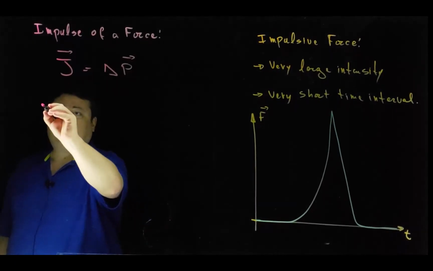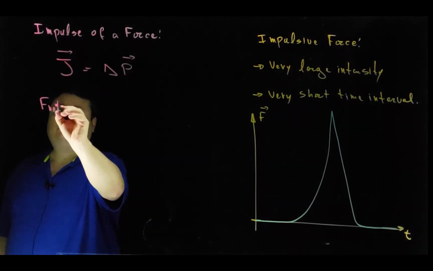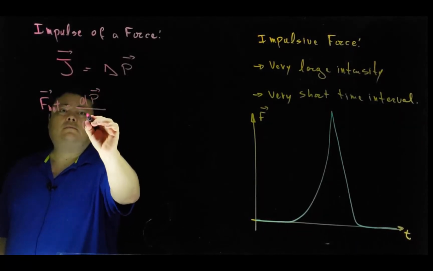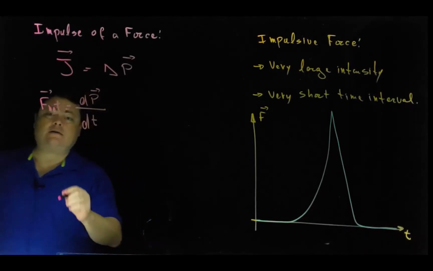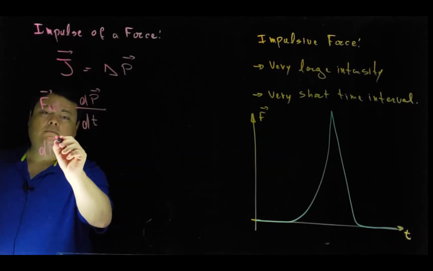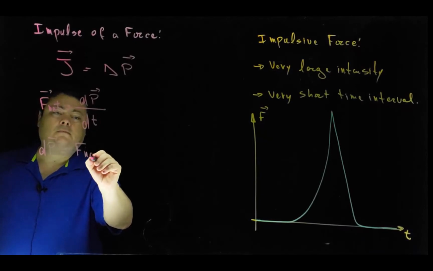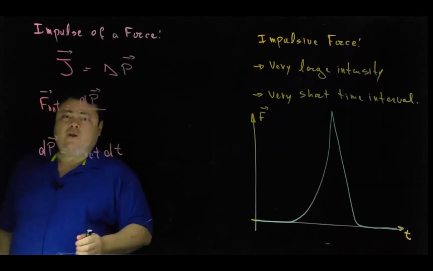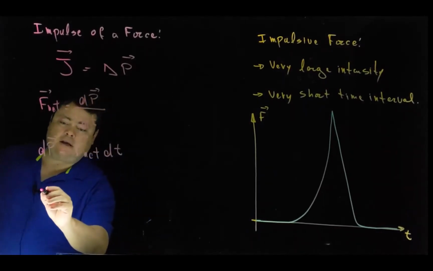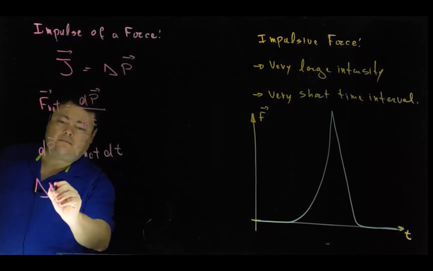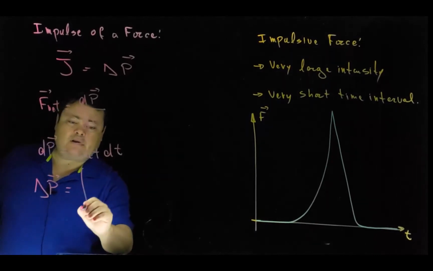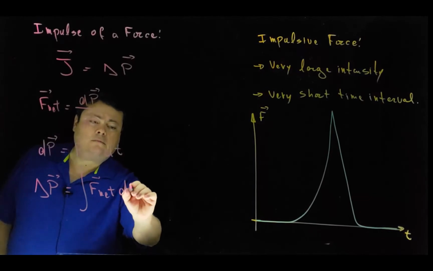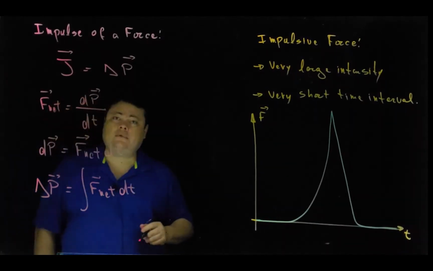If you remember Newton's second law, which I can rewrite this way. If now I take the integral on both sides, we're going to get that the change in momentum is going to be the time integral of net force multiplied by time.